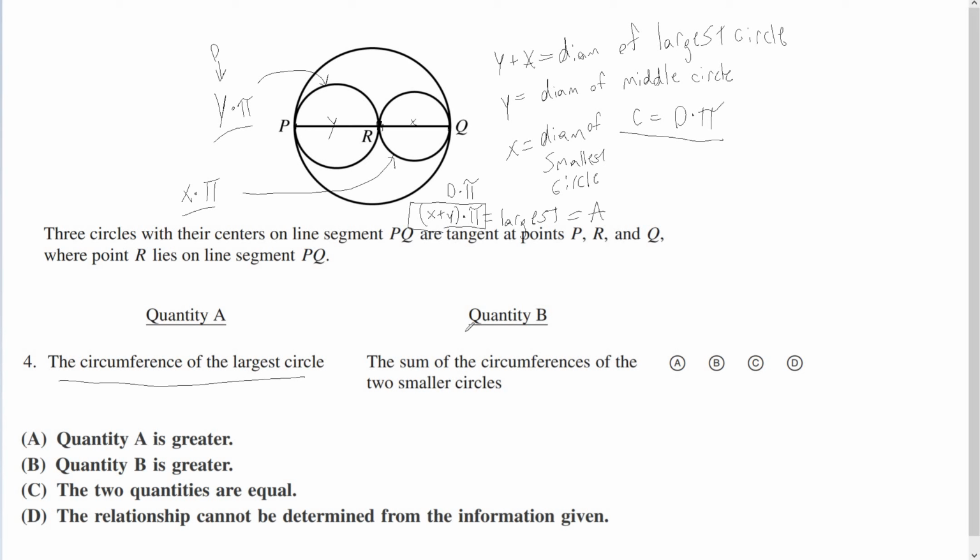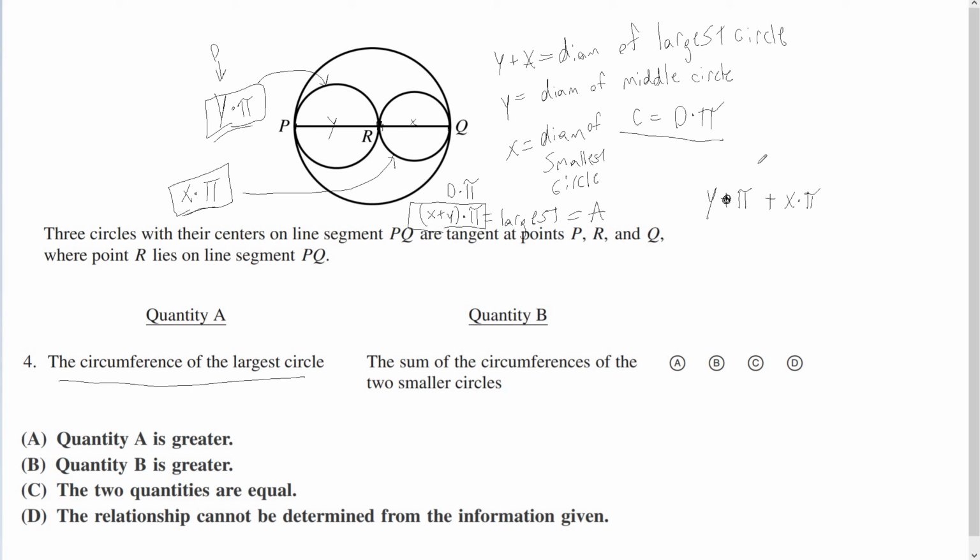Now, what is quantity B? Quantity B is the sum of the circumferences of the 2 smaller circles. So these are the circumferences of the 2 smaller circles right here. So let's add them together, and what we get is y times pi plus x times pi.